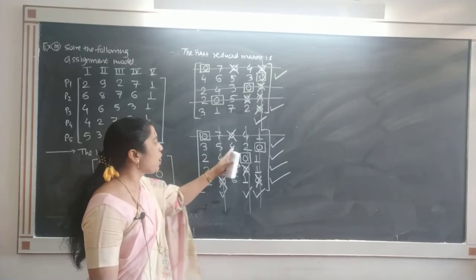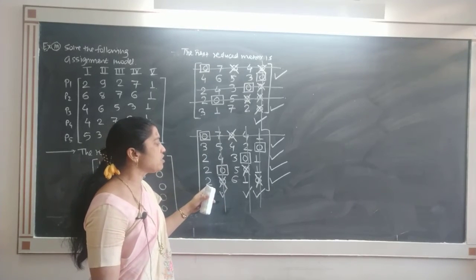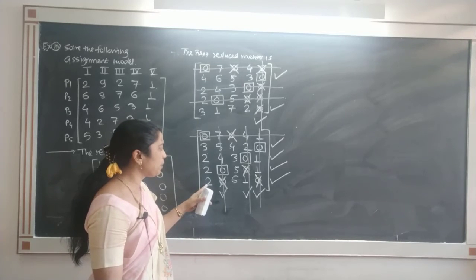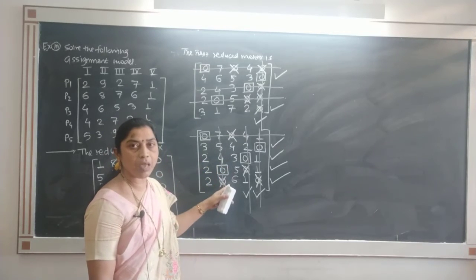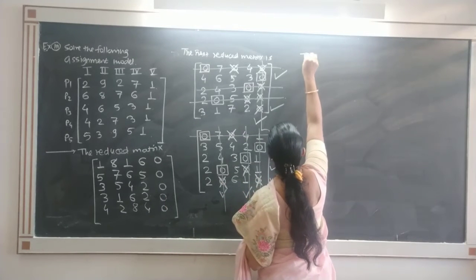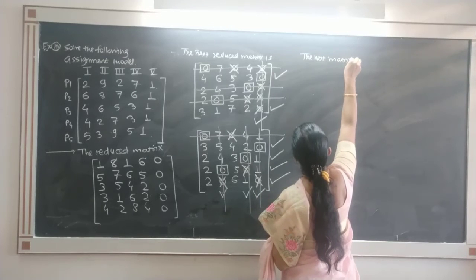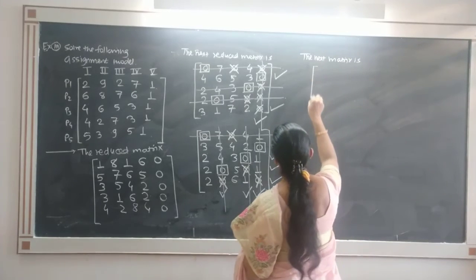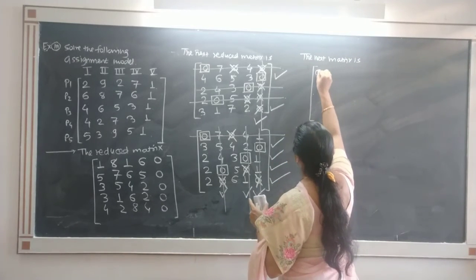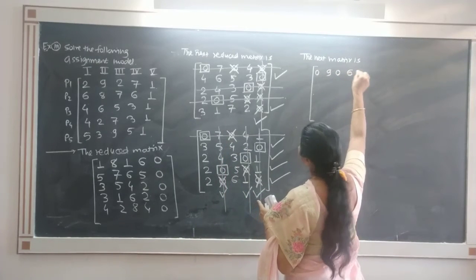Now from the uncovered elements, select the smallest. The smallest is 2. You have to subtract 2 from the uncovered elements and add 2 at the intersection points. We get the next matrix. So the next matrix comes to be 0, 9, 0, 6.